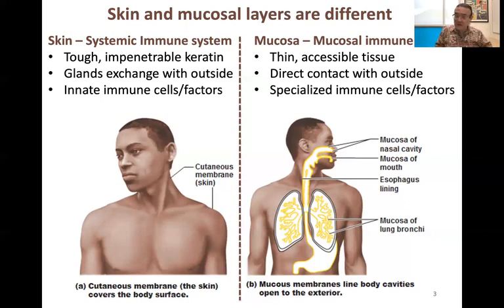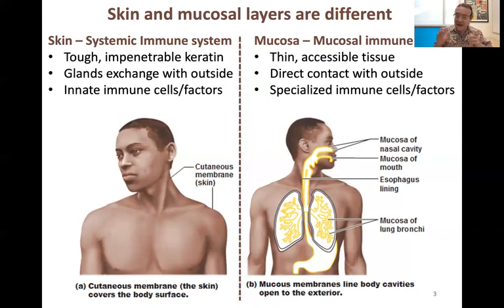Same thing with food. As we eat food and digest it, first in our stomach and then our small intestines, if we want to be able to absorb nutrients from the food that we are digesting, it certainly cannot be that the lining of our intestines is thick, impenetrable skin. It has to be delicate and thin and accessible.